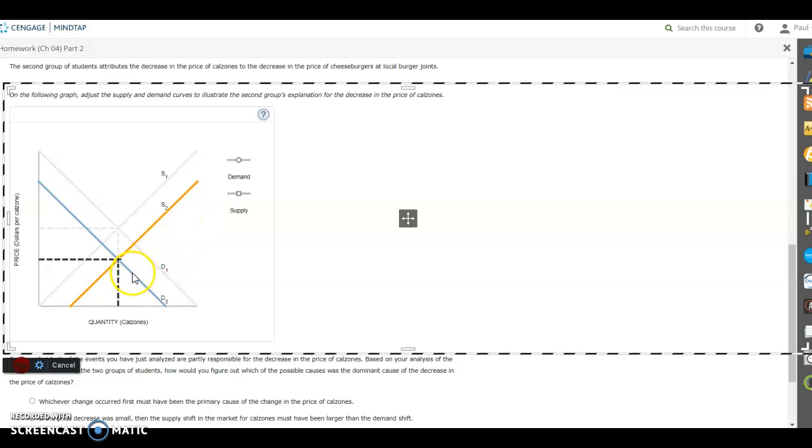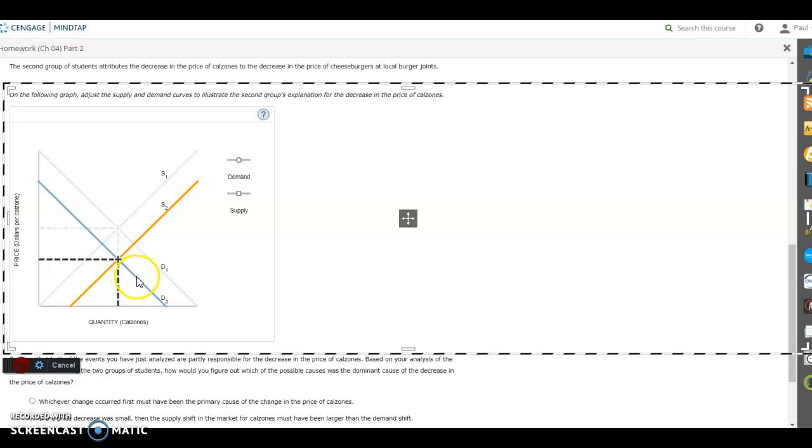And now you would hit the demand curve here, and you would see that the equilibrium quantity would be larger than the original equilibrium quantity. So when the supply curve shifting to the right was larger in magnitude than the demand curve shifting to the left, then the quantity in the market would increase.